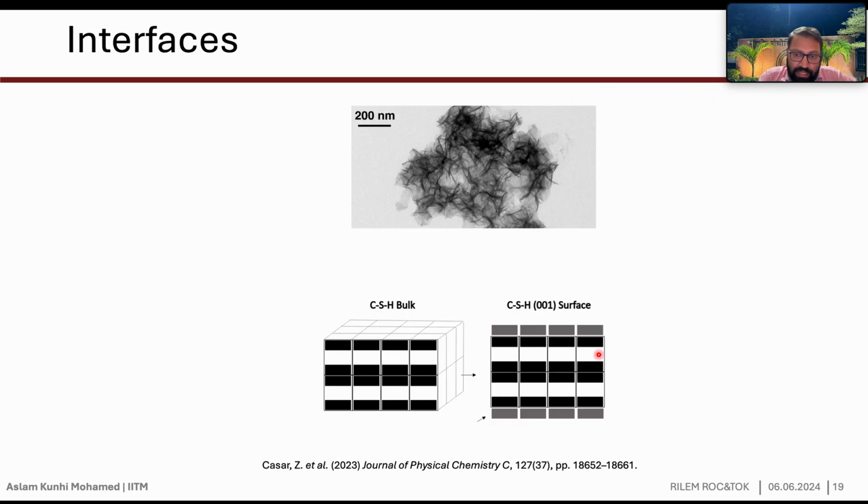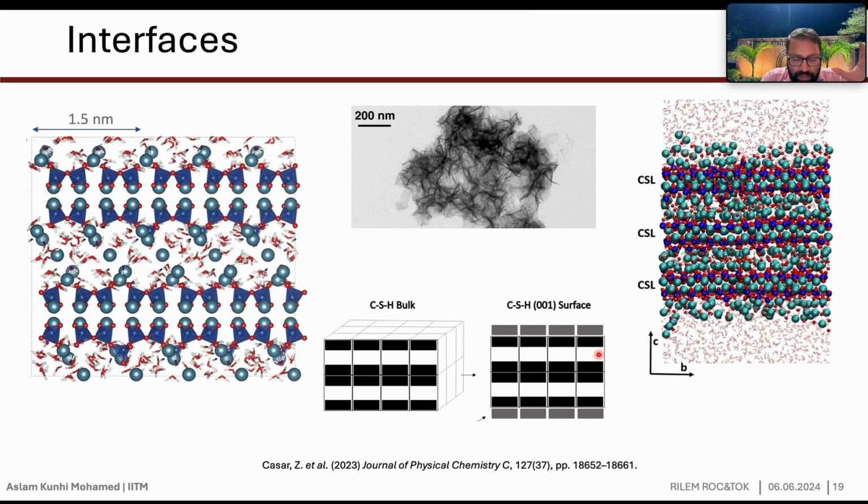And with this understanding, we were able to propose how the CSH, which has different pore structure, as I have described earlier, having all these different multi-scale features.